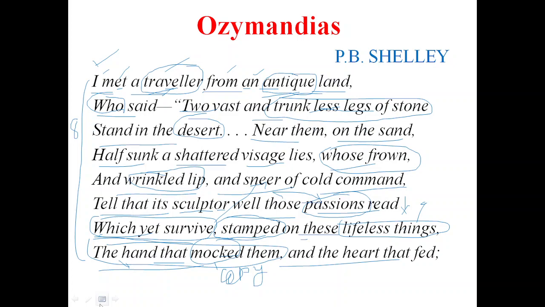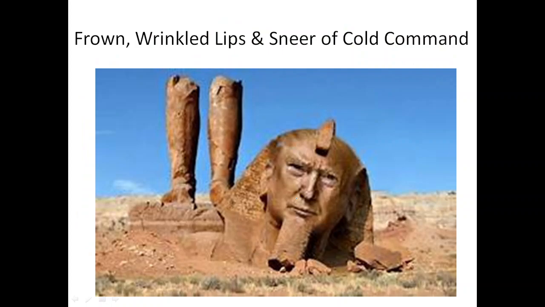So there is a sense of anticipation in us. Now let us find the answer. Before we get the answer, these are the impressions which are still seen on the face of this statue. You can see the face.